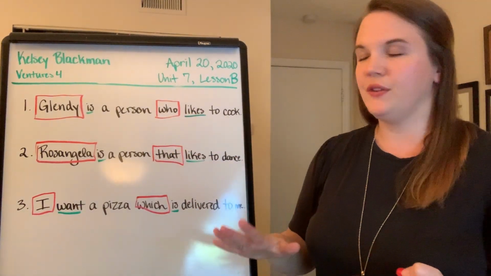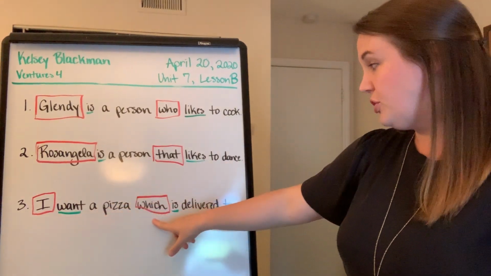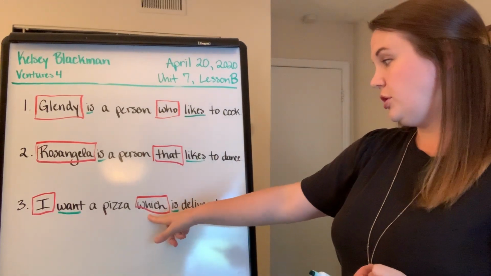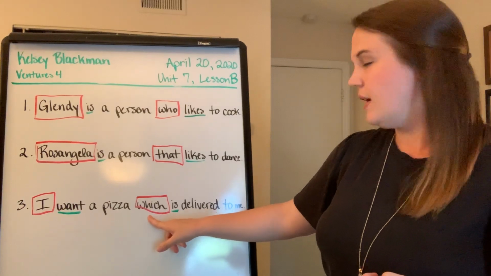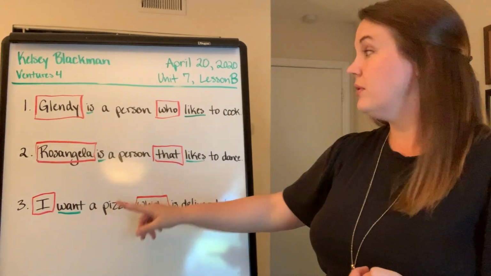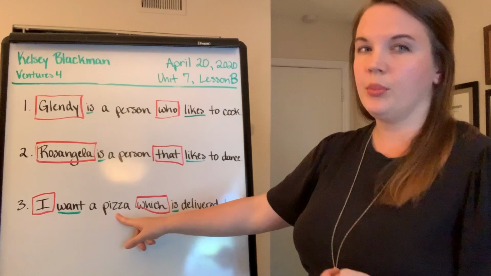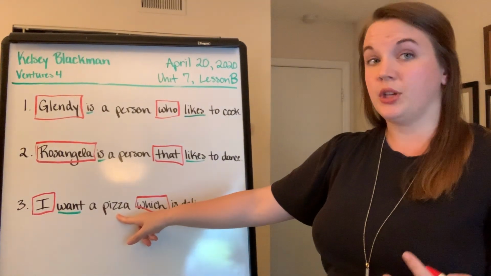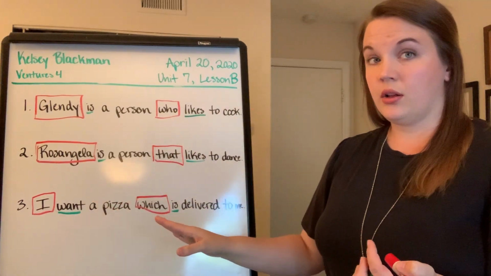That's maybe a little confusing, so let's look at this one. When we say, I want a pizza, which is delivered to me, which thing do we want delivered to us? Pizza. Okay, so who, that, and which always refers, I'm pretty sure always, I think always, refers to the object of the previous clause.